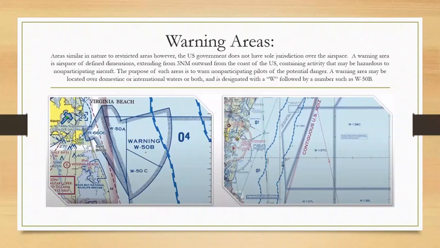The purpose of such areas is to warn non-participating pilots of the potential danger, and a warning area may be located over domestic or international waters, or both, and it's going to be designated with a W marker, followed by something such as, in the bottom left-hand corner, you can see warning W50B, or if you look over in the right-hand image, you can see W137 or 138.